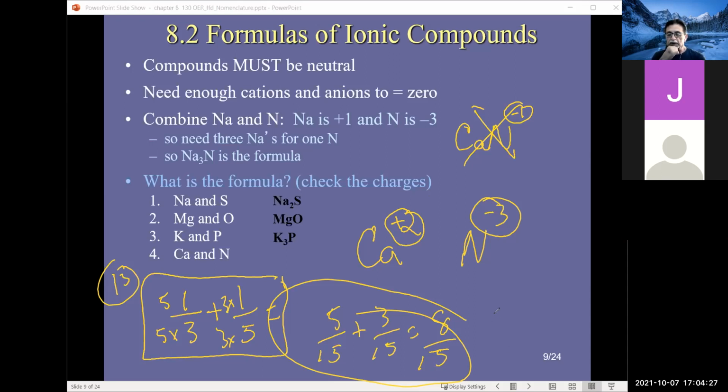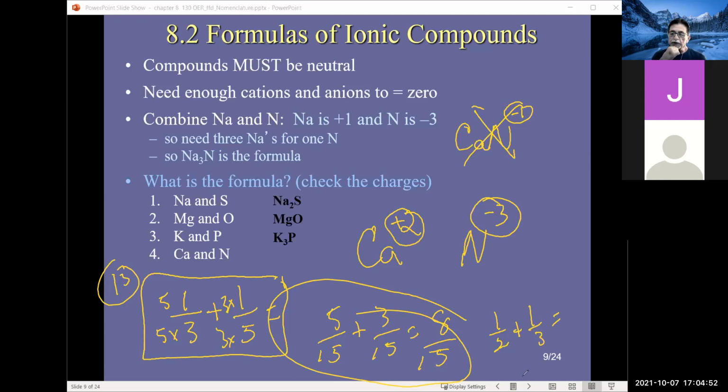Another way to look at this: how am I going to add 1/2 plus 1/3? What's my common denominator there? What did I do in the first example? I just multiplied the denominators. Can I do the same thing with 2 and 3? Yeah.